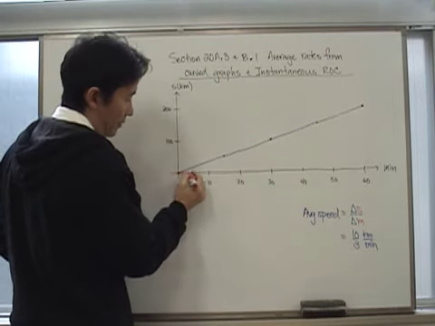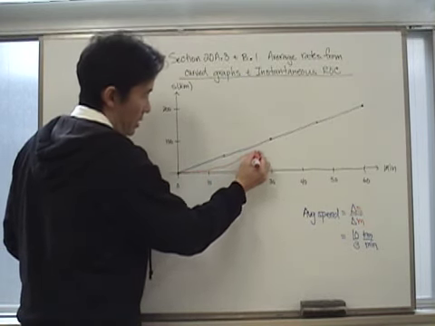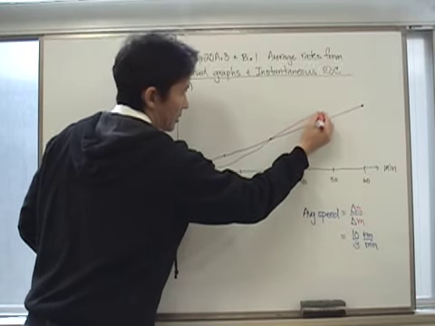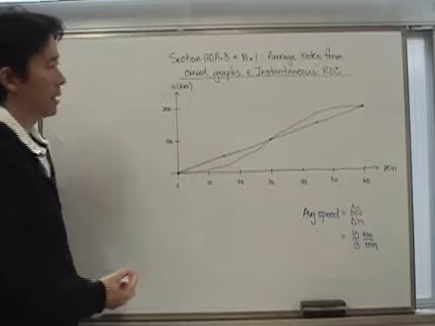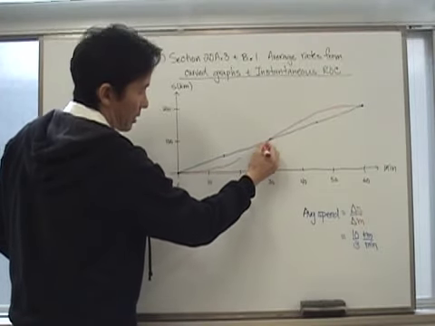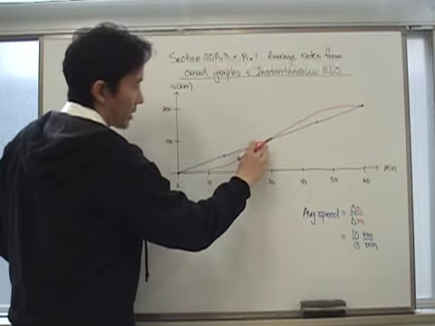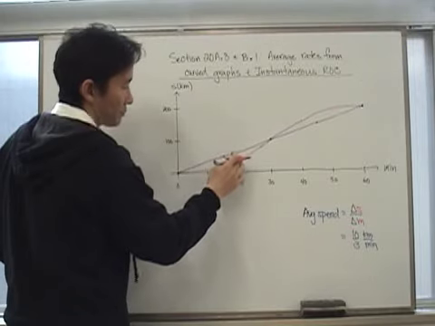It starts off very slow, starts to pick up a little bit of speed, and then after that it starts to slow down again because we're coming into Nagoya. And so I think this would be a little bit more of an accurate representation of what is actually happening with the Shinkansen as it starts from Tokyo and goes all the way to Nagoya.